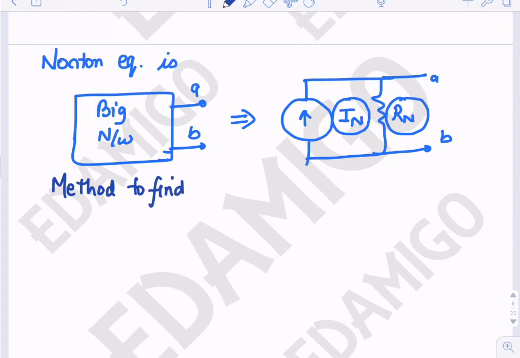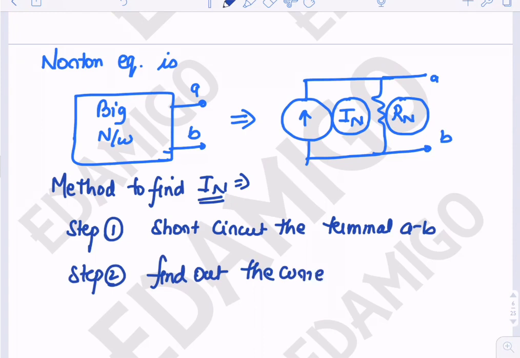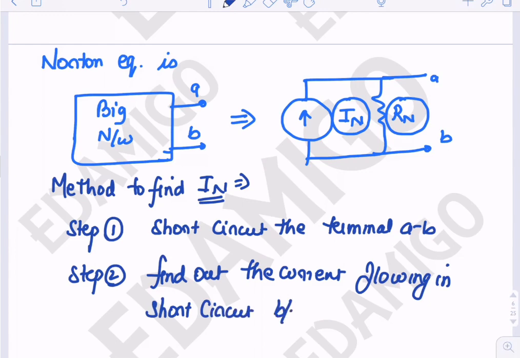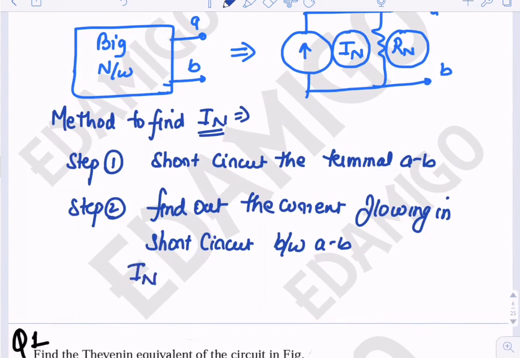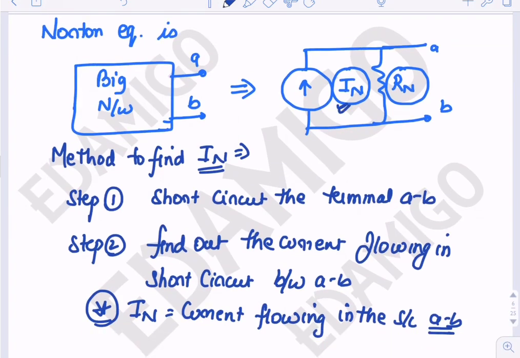Method to find IN, the Norton current. Step 1, simple: short circuit the terminals A and B. Step 2, find out the current flowing in the short circuit between A and B. IN is equal to the current flowing in the short circuit A and B. So we know how to find IN, we know how to find RN.